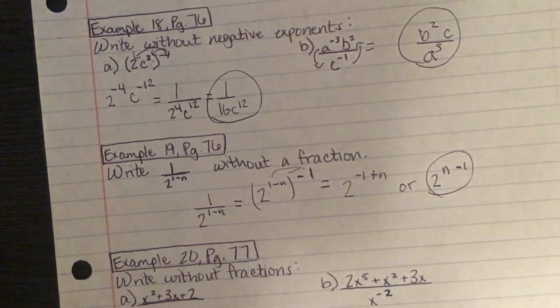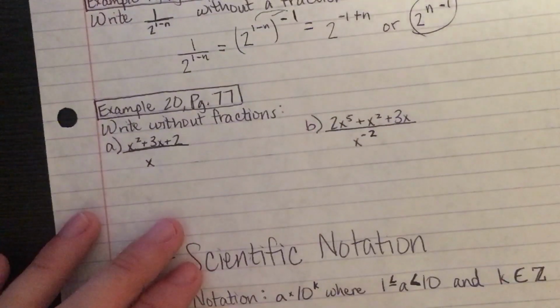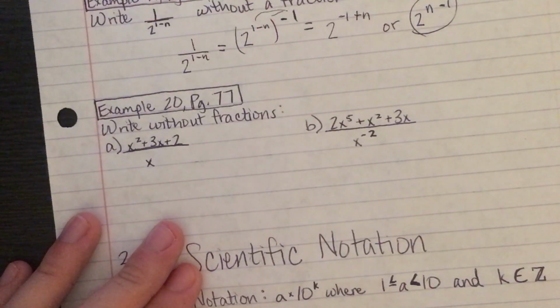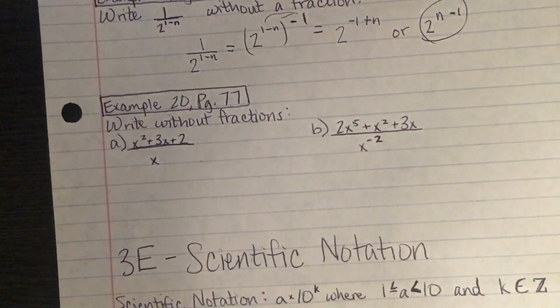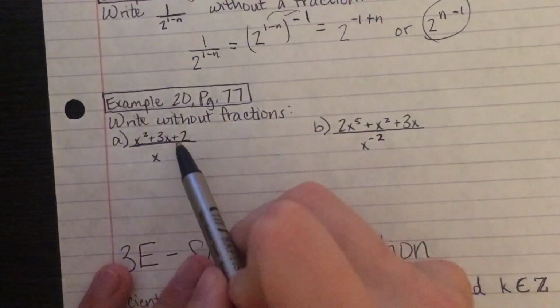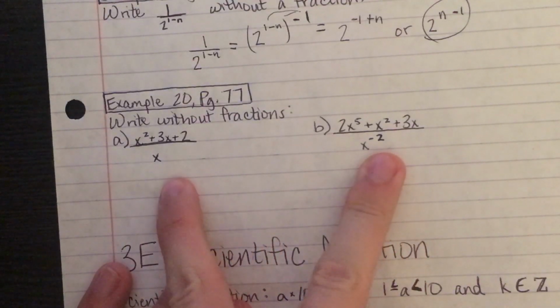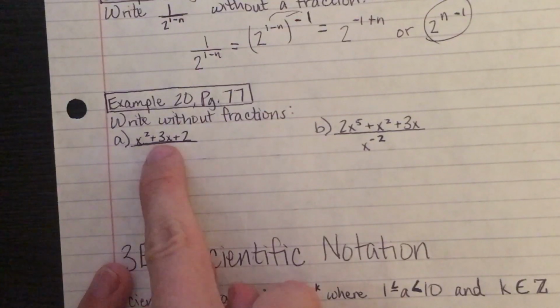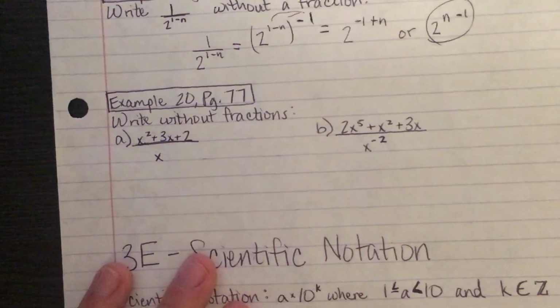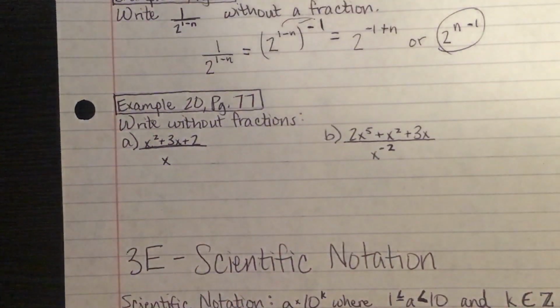So a couple of other things that we can look at. We're going to look at 2 more where we try to express these things without fractions, and then we'll look at a little bit of scientific notation and we'll call it a day. So we've got 2 expressions here as fractions. The first one is x squared plus 3x plus 2, and this whole thing is being divided by x.